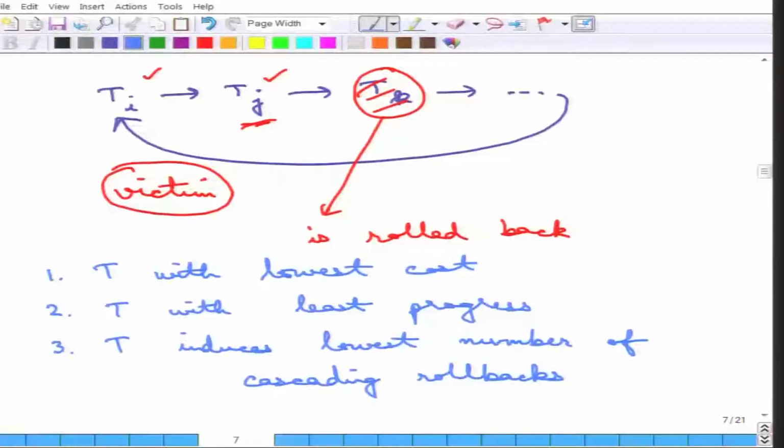So even though the transaction may have the greatest progress or greatest cost, or the other way around, if it rolls back, it will cause a lot of cascading rollbacks. All the transactions that are rolled back as an effect of this rollback will need to be redone. That is a big cost. So the transaction which has minimal effect on the other transactions in terms of cascading rollbacks is chosen. These are the three heuristics for choosing the victim.